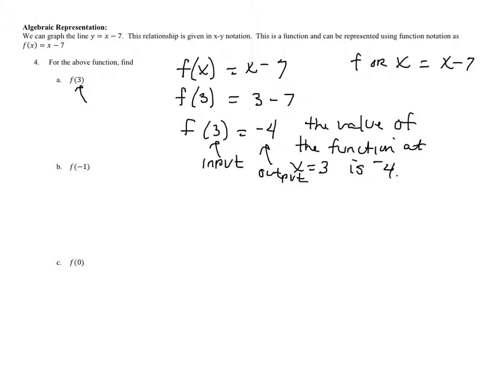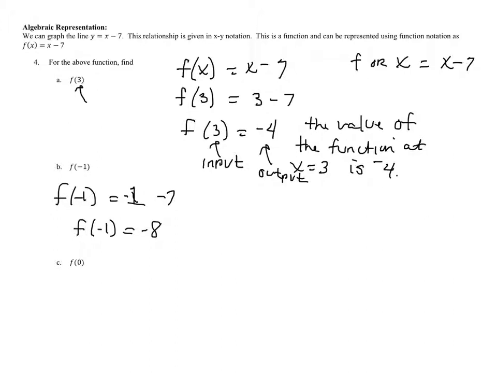Nice, right? So let's do the same work on this function. f of -1 is equal to -1 minus 7. So f of -1 equals -8. My input's -1, my output's -8. The x value is -1. The y value that comes out is -8.